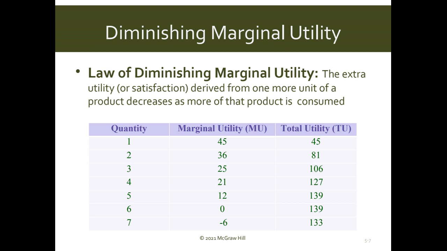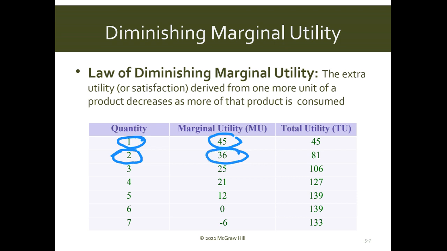So when you drink the first glass of water, your additional utility is 45, whatever utils or whatever you call it. It's 45. When you drink an additional glass of water, the increase in utility would be 36.